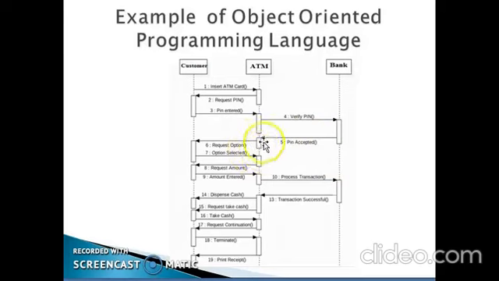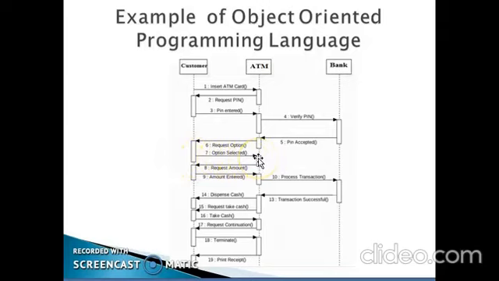Now the ATM machine sends a request to select the appropriate option, whether you want to withdraw money, deposit money, or check your balance. All these options are shown to the user. The user now selects the appropriate option.